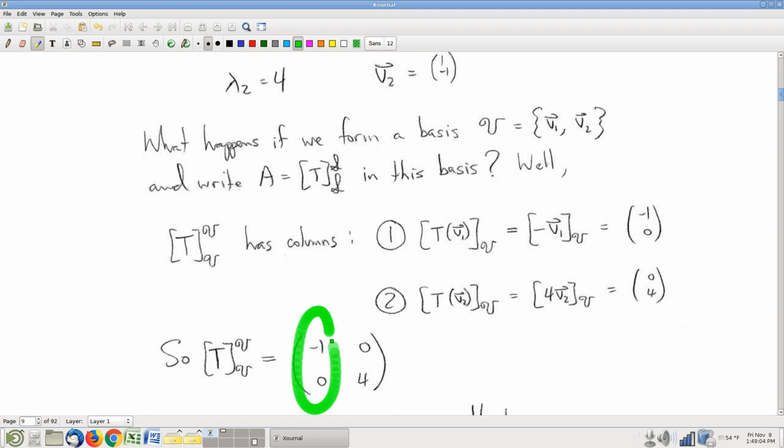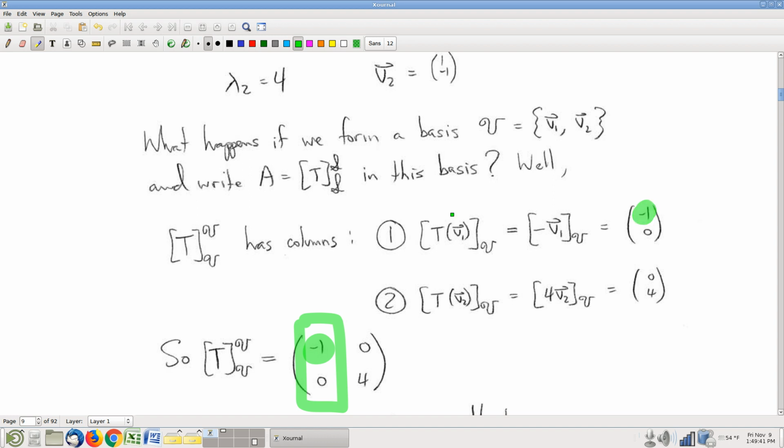How come this column ended up being whatever it has to be to do its part of the task of making this matrix diagonal? Well, for this matrix to be diagonal, what you really need is, within this column, a non-zero entry only in the first spot. Why did there end up being a non-zero entry only in the first spot?